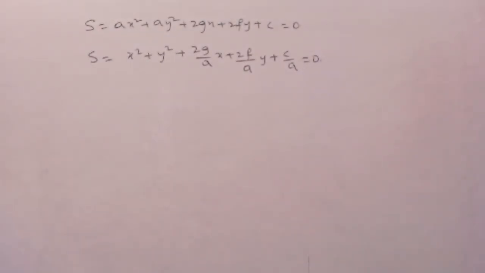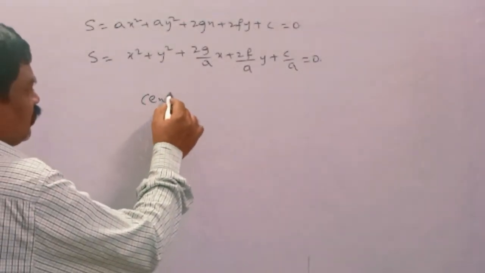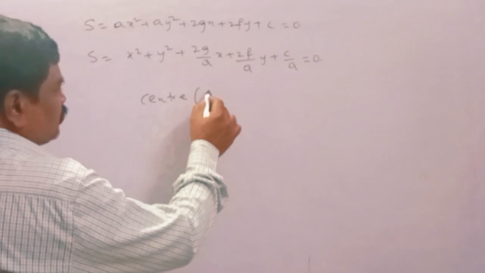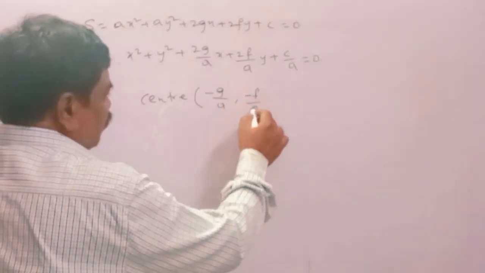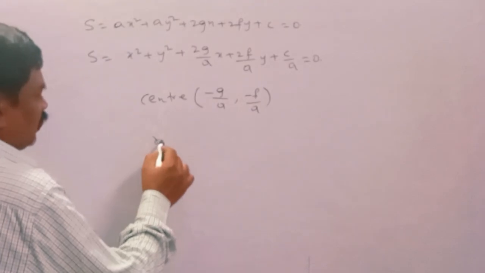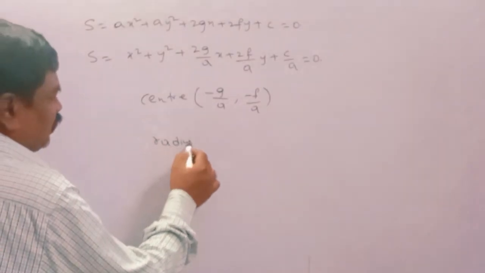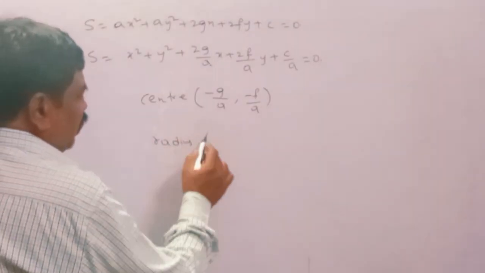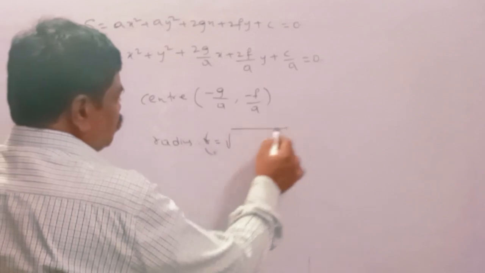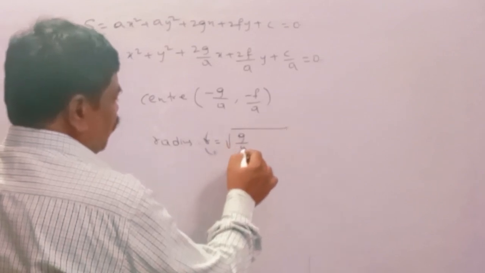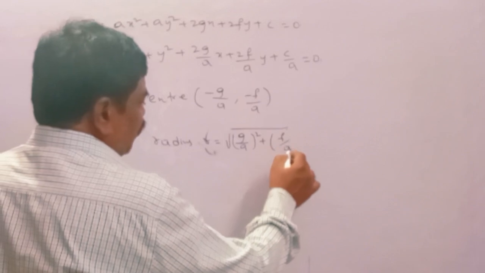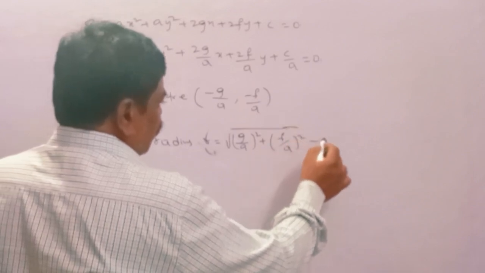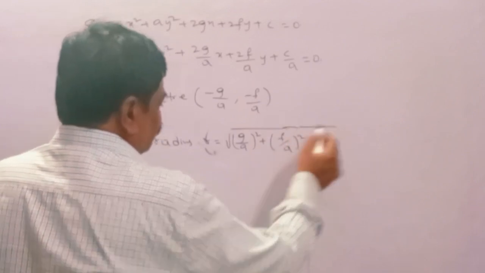In this case, the center of the circle is minus g by a comma minus f by a, and the radius of the circle, that is r, is equal to root over g by a whole square plus f by a whole square minus c by a.